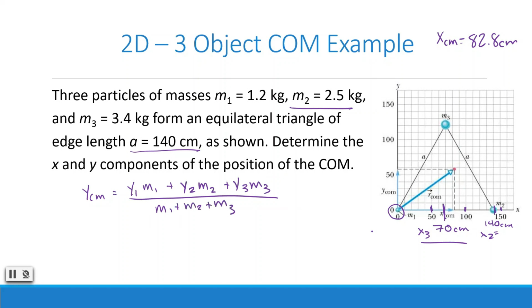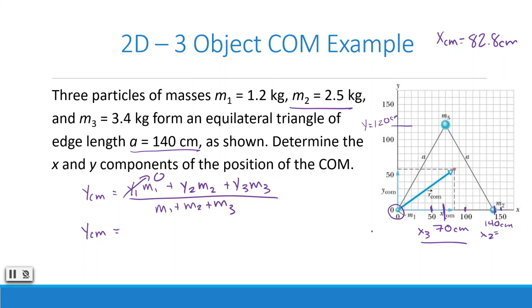Once again, particle m1 is at 0, so y1 is 0. Looking at m2, its y-coordinate is also 0. So that's kind of nice. And then for m3, its y-coordinate looks like it's going to be at 120 centimeters.